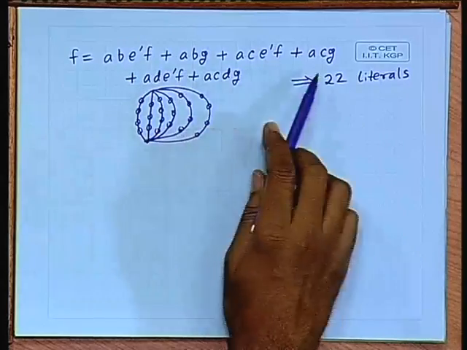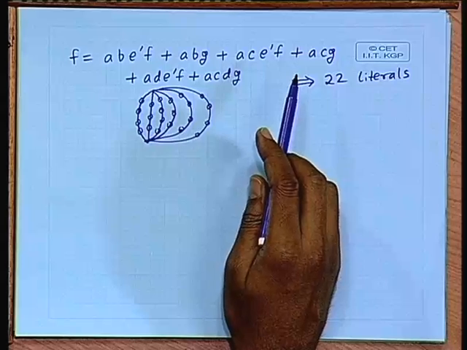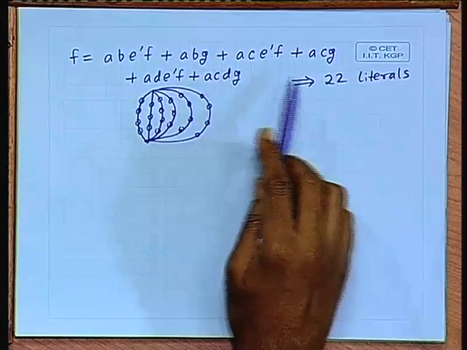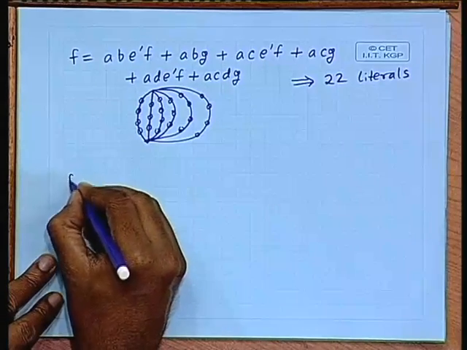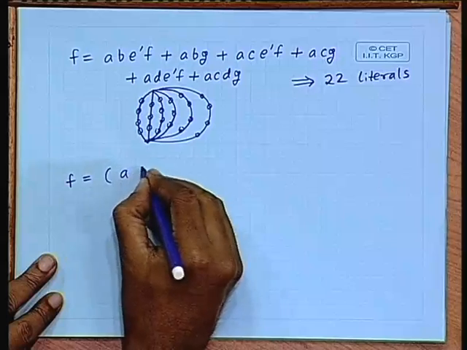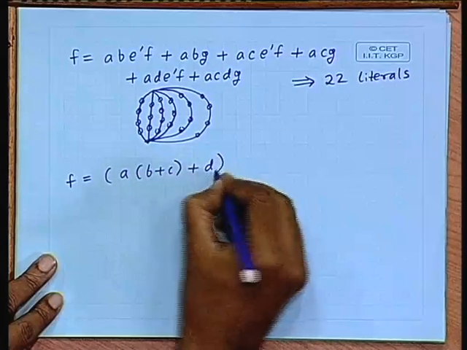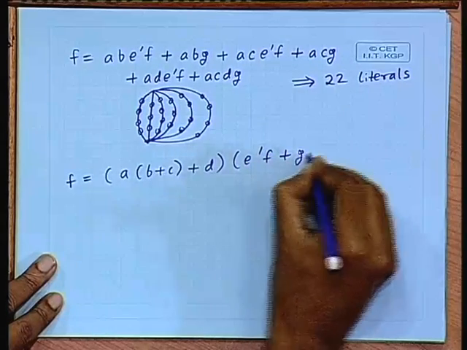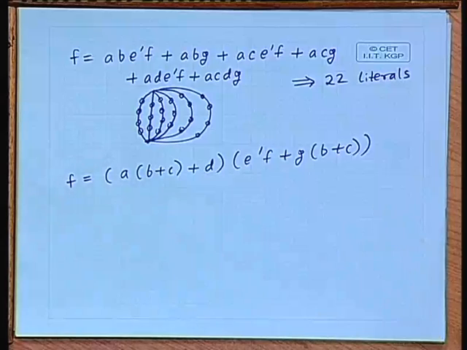Now if you just algebraically manipulate this equation, you can see that it can be factorized. I am showing you the final form. You can get it factorized into this. This is the final form.